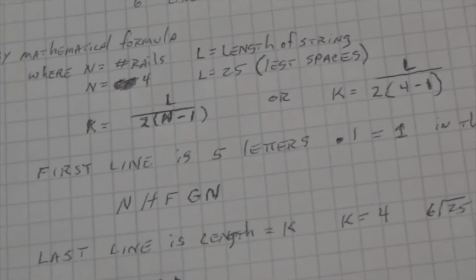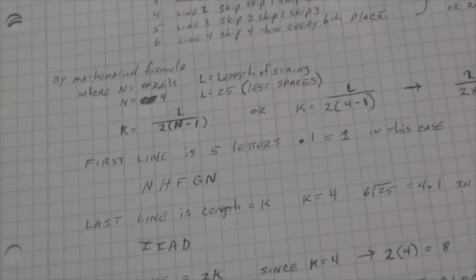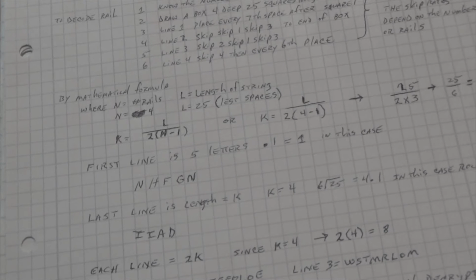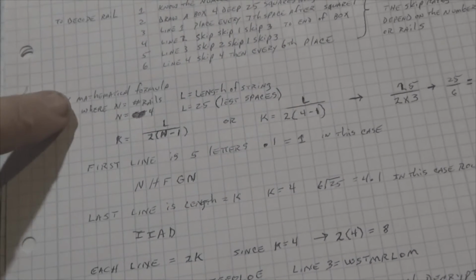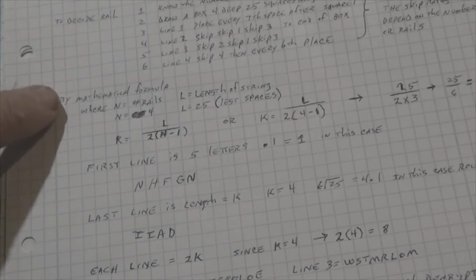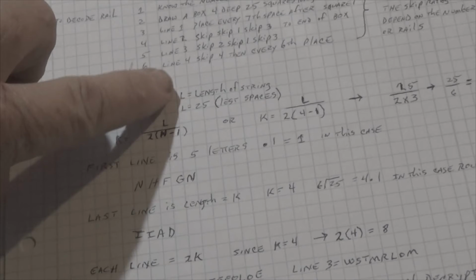Now there's a mathematical formula which is pretty cool. This is what I normally use because it's pretty quick, painless. Right here it says where n equals the number of rails, L is the length of the string.